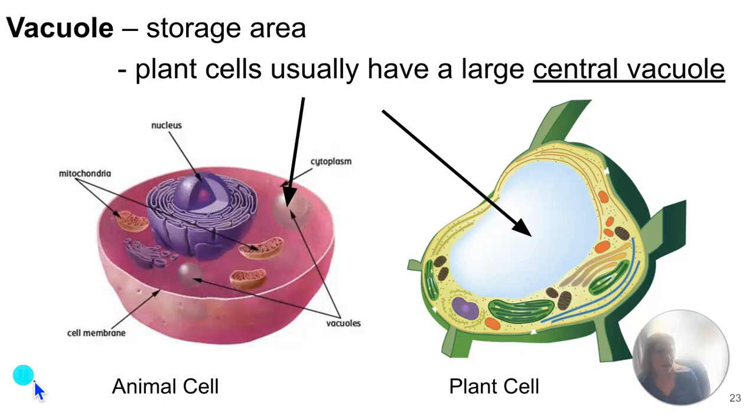Sometimes animal cells will have small vacuoles. Fat cells have large storage vacuoles because they store lots of fat, right? Adipose cells or fat cells. But most of the time, animal cells will not have vacuoles, or they'll have very small ones. Whereas a plant cell is going to have this large, huge vacuole taking up most of its inside.